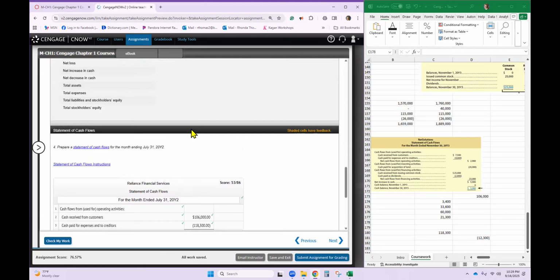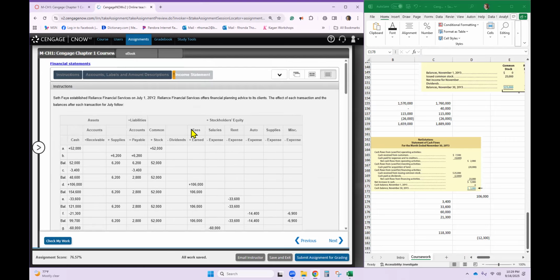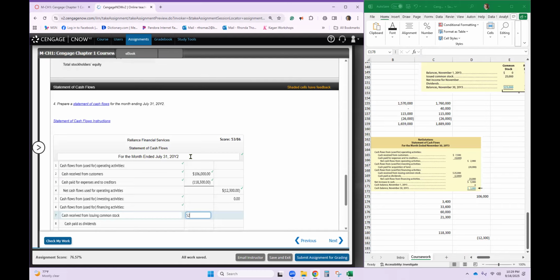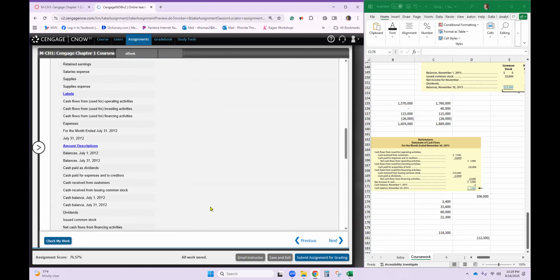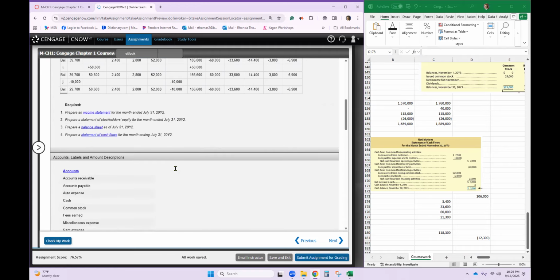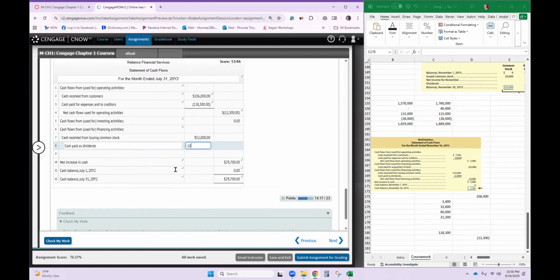Okay, so we go back up to the grid. How much came in? 52,000 from common stock. Okay, and dividends went out for 10,000, I think. Yes, there it is. That's the dividend column. Down it goes. So this is still a positive number.